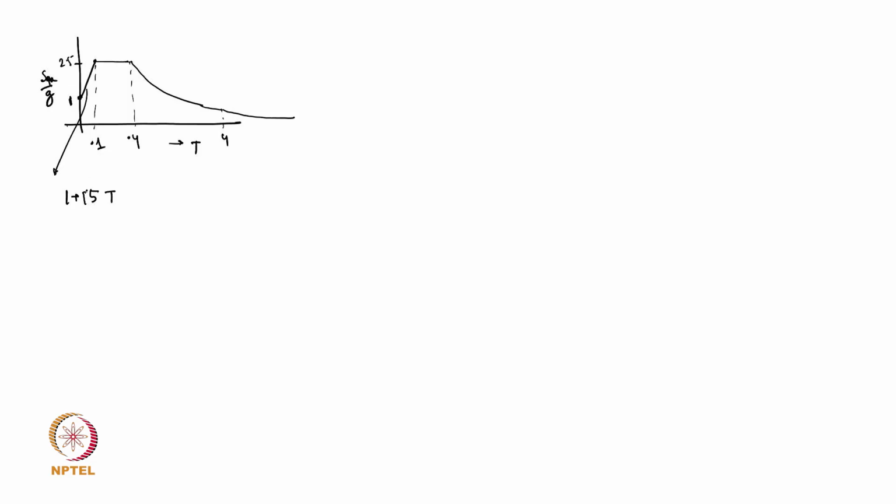So if you see SPA by G, that will be equal to this. That is T less than 0.1, and then 0.1 less than T less than this. So suppose if you substitute T equal to 0.1, how much will you get? 1 plus 15 into 0.1.